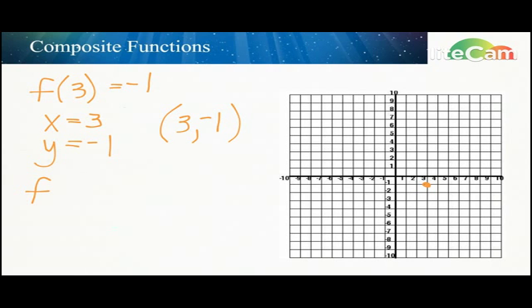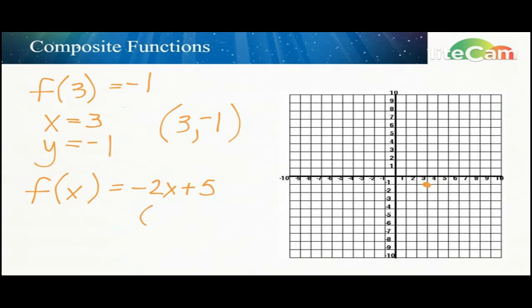So let's try an equation. f of x equals -2x plus 5. I'm going to graph this equation just to show you what it looks like. When graphing, I can always plug in 0 for x.